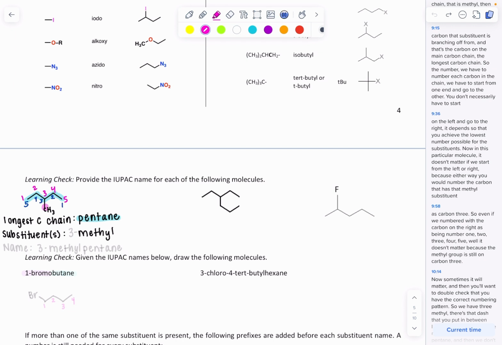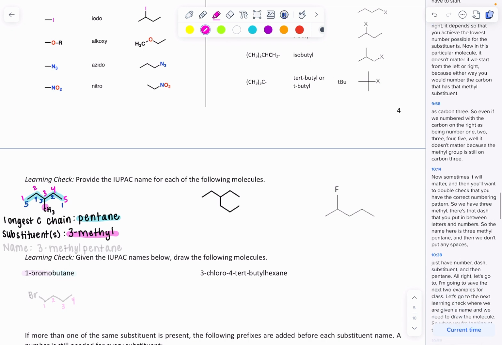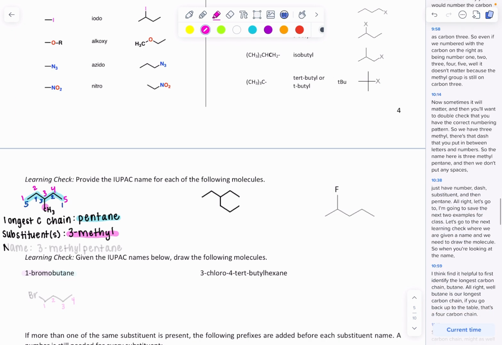Now, sometimes it will matter, and then you'll want to double check that you have the correct numbering pattern. So we have 3-methyl. There's that dash that you put in between letters and numbers. So the name here is 3-methylpentane. And then we don't put any spaces, just have number dash substituent and then pentane.